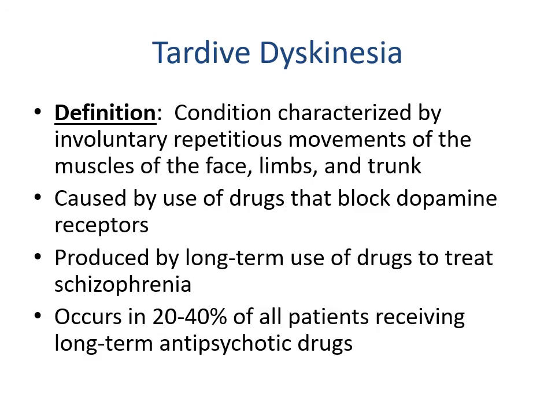Now, we've talked several different times about these mood stabilizers and antipsychotics. One of the side effects, which we've talked about before, is tardive dyskinesia. This is a condition characterized by involuntary repetitious movements of the muscles of the face, limbs, and trunk. It is caused by drugs that block dopamine receptors, with long-term use of drugs to treat schizophrenia.